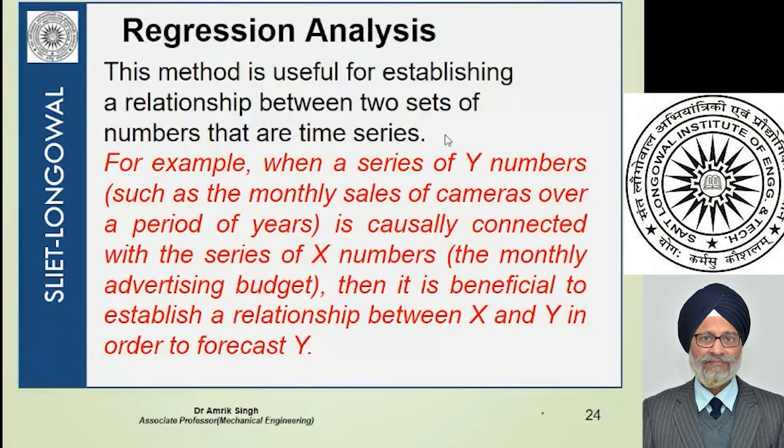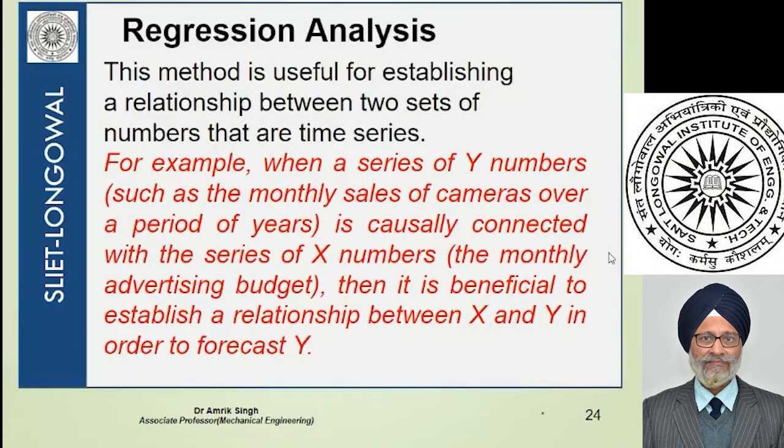So the things are correlated with each other. For example, a series of Y numbers, such as monthly sale of cameras over a period of time, is causally connected with a series of X numbers. X may be the monthly advertising budget. Suppose you have increased the budget on advertisement, that is X. Because of that, more awareness spreads among the people, and the sale of cameras, which is Y, will increase.